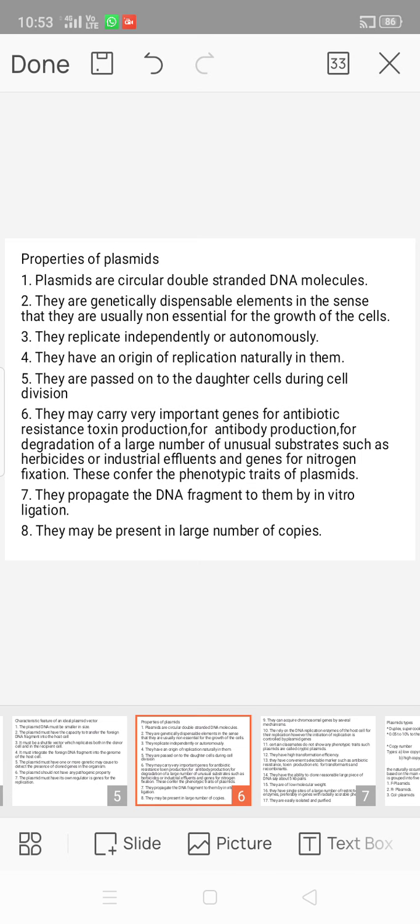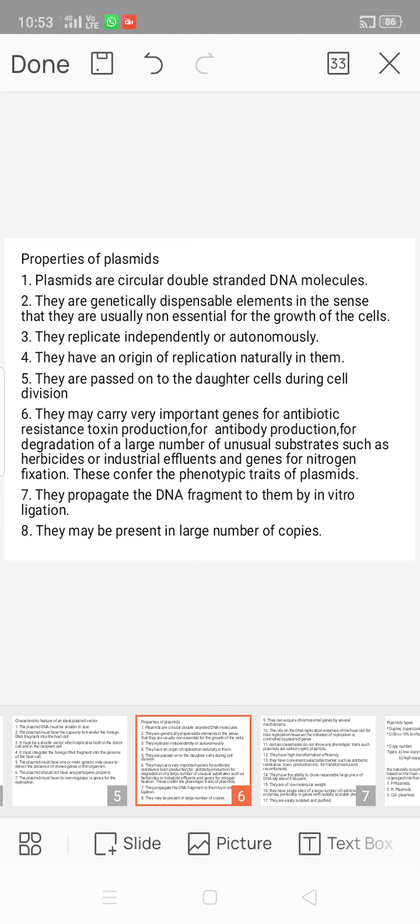They are genetically dispensable elements in the sense that they are usually non-essential for the growth of the cells. They replicate independently or autonomously. They have an origin of replication naturally in them, and they are passed on to the daughter cells during cell division.